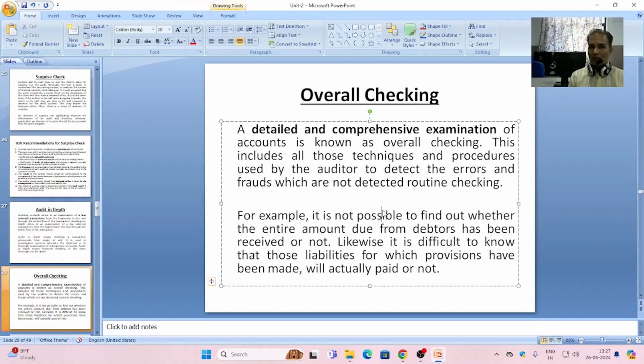So, to analyze the true and fair view or the actualness of transactions recorded in the books of accounts, overall checking is used by the auditor. It provides a detailed view, and this is a technique which reveals those frauds and errors that cannot be found easily in normal auditing.